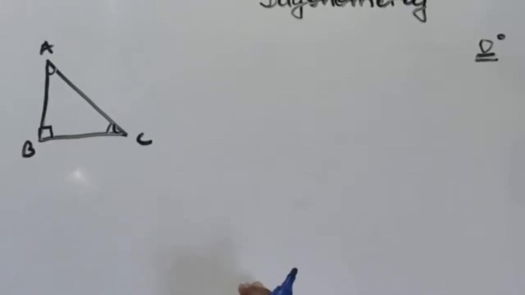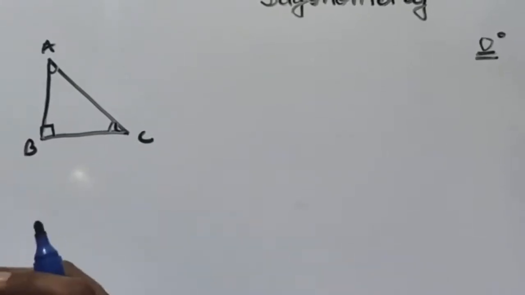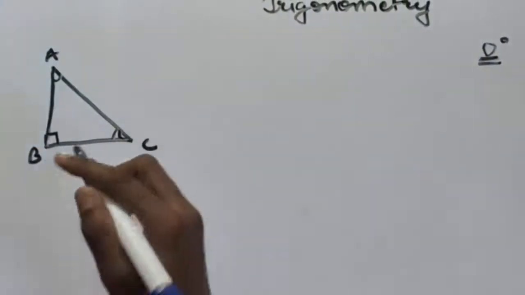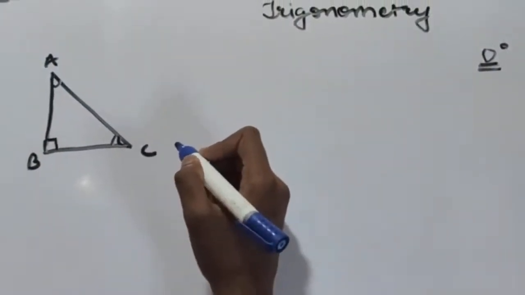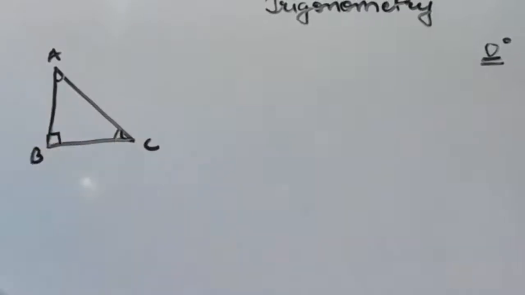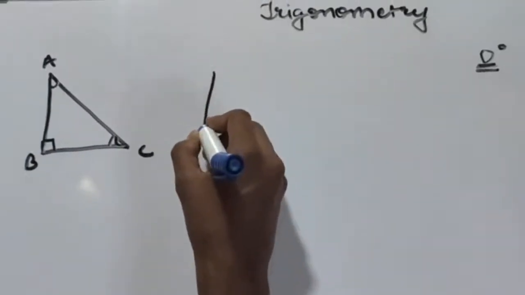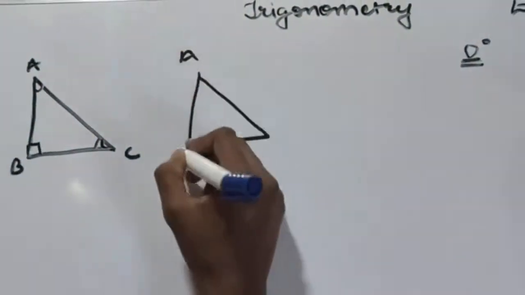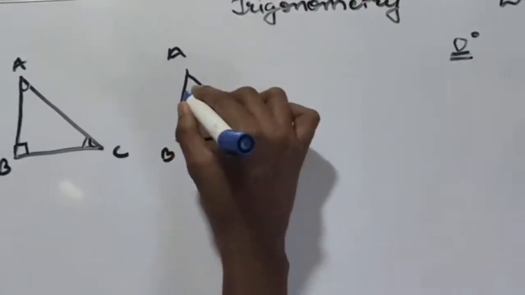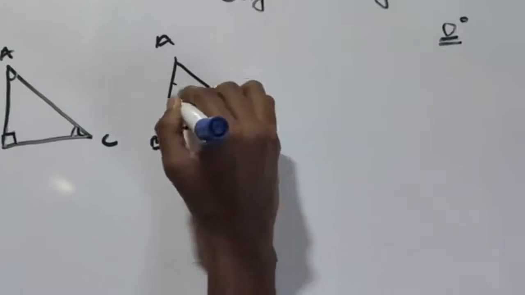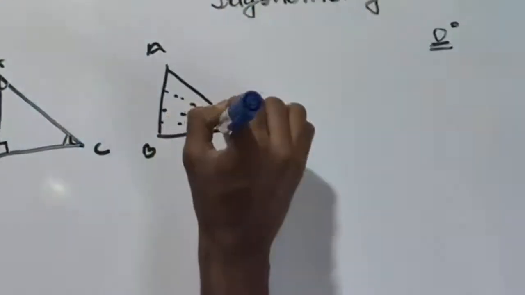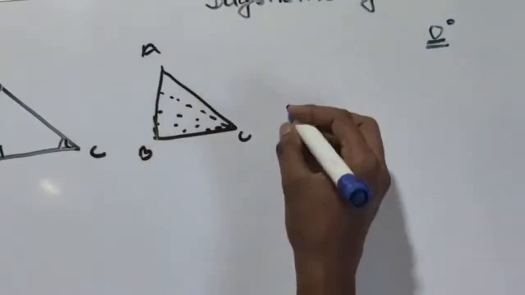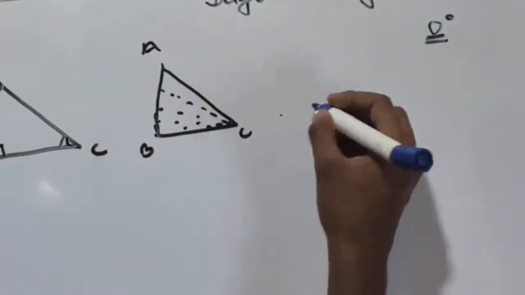See, what if we deliberately make an angle 0 degree, like reducing the measure of side AB like this, like this, like this, eventually making it so small that it looks like this.